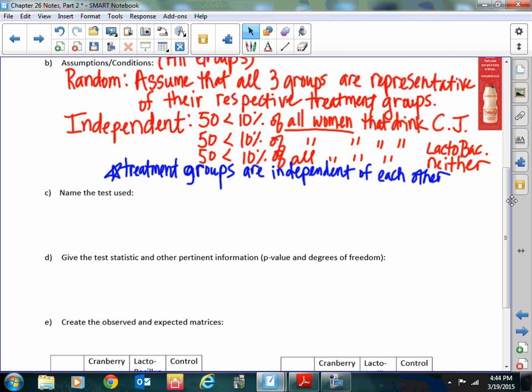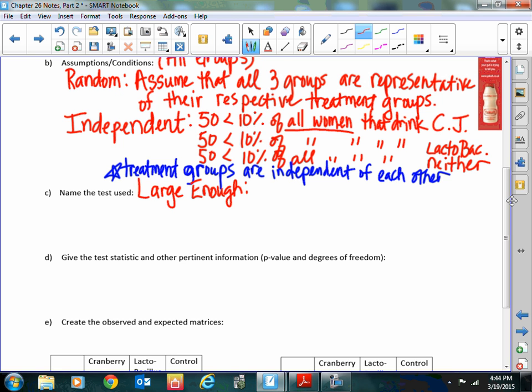Now, I'm running out of room here, but this next one is going to be kind of short because I'm going to show you where to get this information in a different place. So large enough. What is large enough? That would be that all the expected counts, that's the key for large enough, what's expected to happen, are greater than or equal to 5.